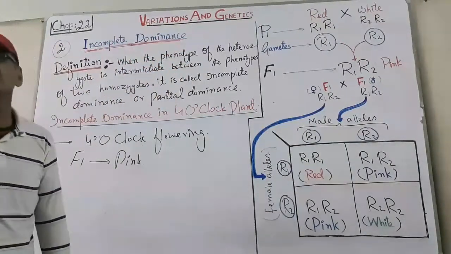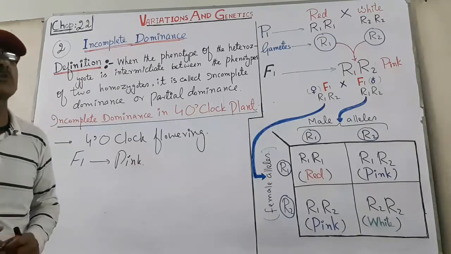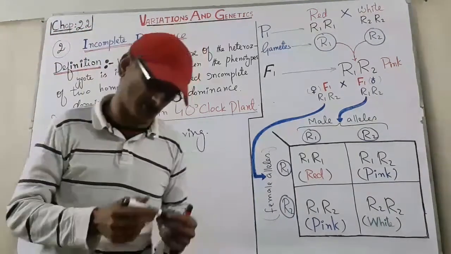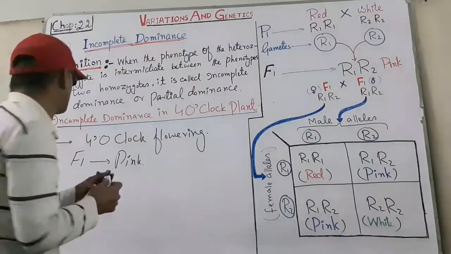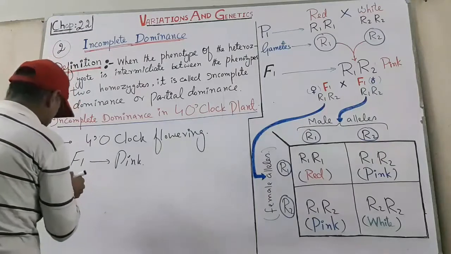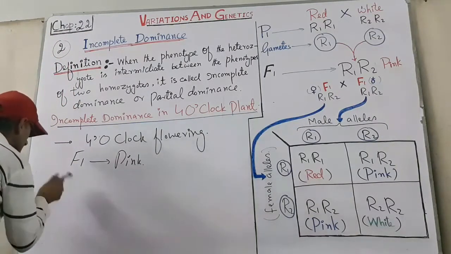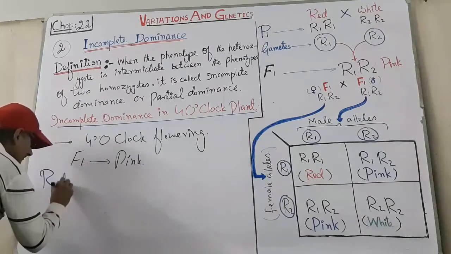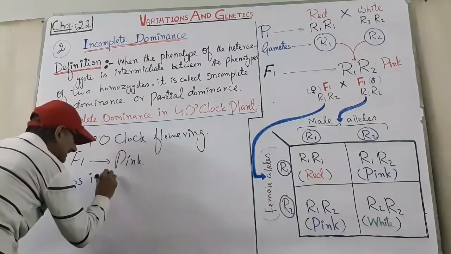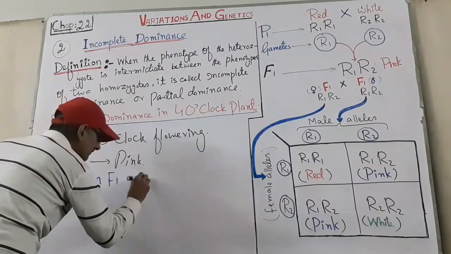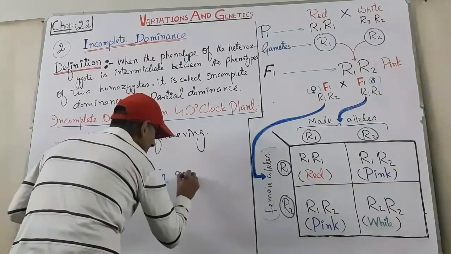And so he got phenotypic and genotypic ratios. Now we discuss the ratios in F1 and F2 generation.